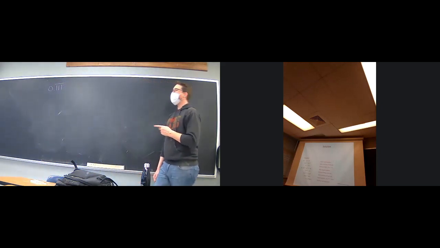Anybody know what that is as a fraction? Not 9/10. 1/9. 1/9. You were right about the 9. It is 1/9. One way we can see that is we can compare it to something we know.